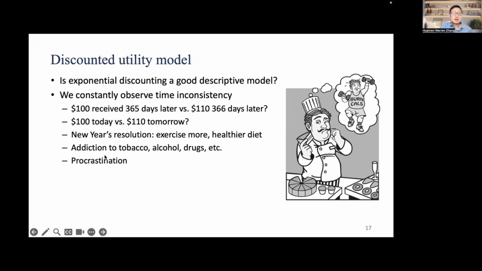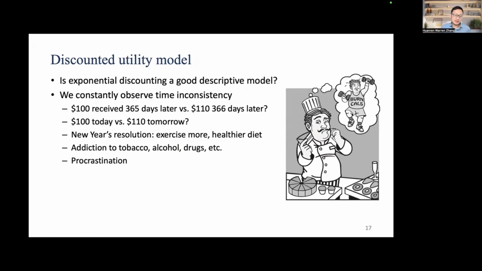And also, commitment is a big issue. Self-control is a big issue. That also demonstrates some time inconsistency, right? So New Year's resolution is a great example. You want to exercise more and eat a healthier diet, but after a month, you probably already forget, or it's very difficult for you to carry on.